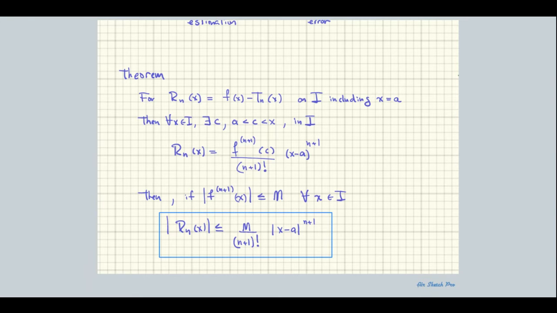But the fact that that c exists tells me that if this n plus first derivative is less than some value M in absolute value, for any x, then the remainder is less than M divided by n plus 1 factorial, times x minus a to the n plus 1. This is the idea, we've just found a limit on that coefficient.